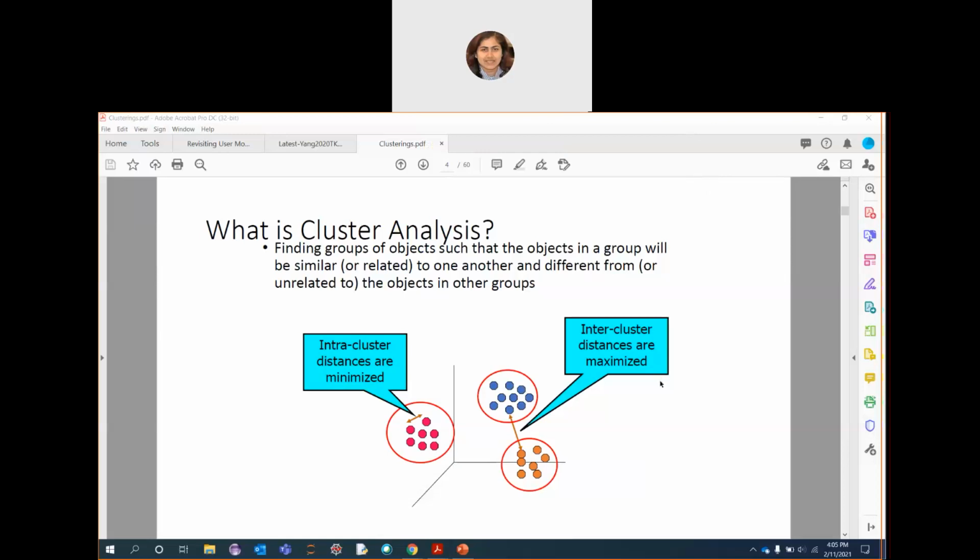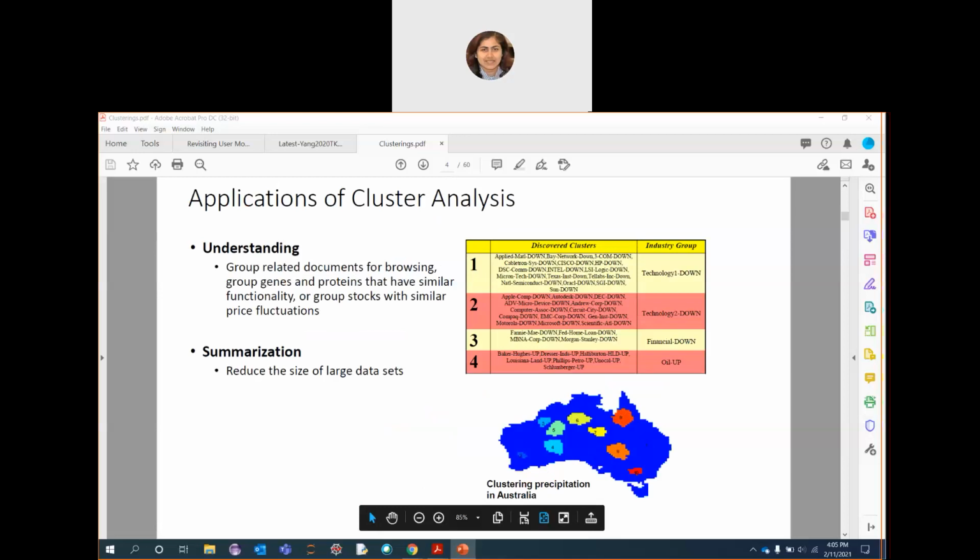Okay. So this is the basic background about clustering. Let's see some of the applications of cluster analysis.